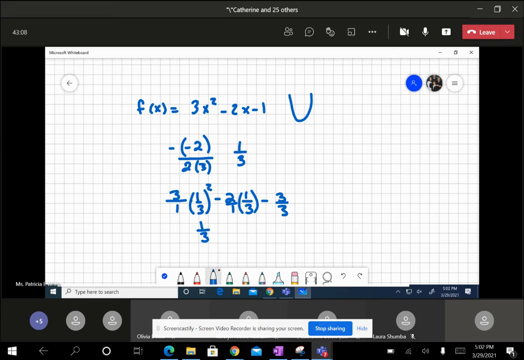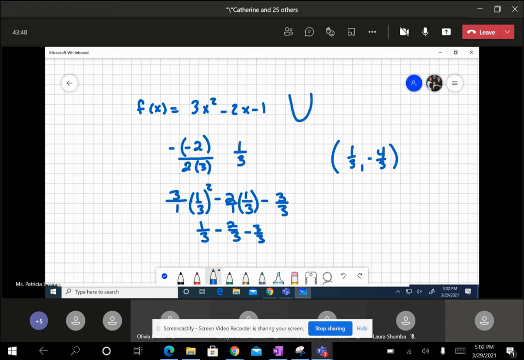And then I have minus 2/3 minus 3/3. So that should give me a negative 4/3. So my vertex is 1/3 and negative 4/3. And what am I trying to find out on this one? Minimum value, y equals a negative 4/3. Yes? Okay.